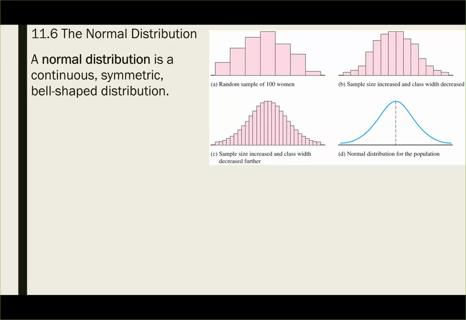We have 50% head, 50% tail. If I flip the coin 10 times, does it guarantee I have 5 heads and 5 tails? Not quite. Might be 3 heads, 7 tails. If I flip 100 times, then I might have 60, 40. If I flip 1,000 times, maybe I have 550, 450.